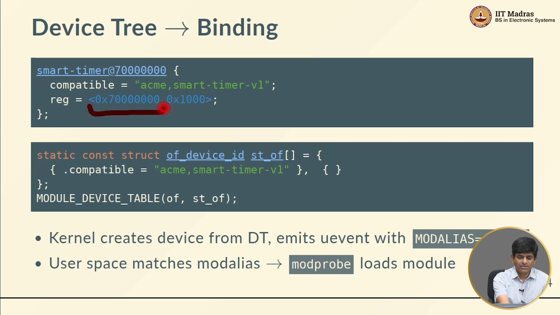This information, the base address, has to be some kind of an address. The second number over here, the expectation is that it is a regular 32-bit value, which is sort of the number of registers that are present over here. Ideally, of course, what we want is at least this number should match with the actual address space that the hardware corresponding to this peripheral is going to decode.